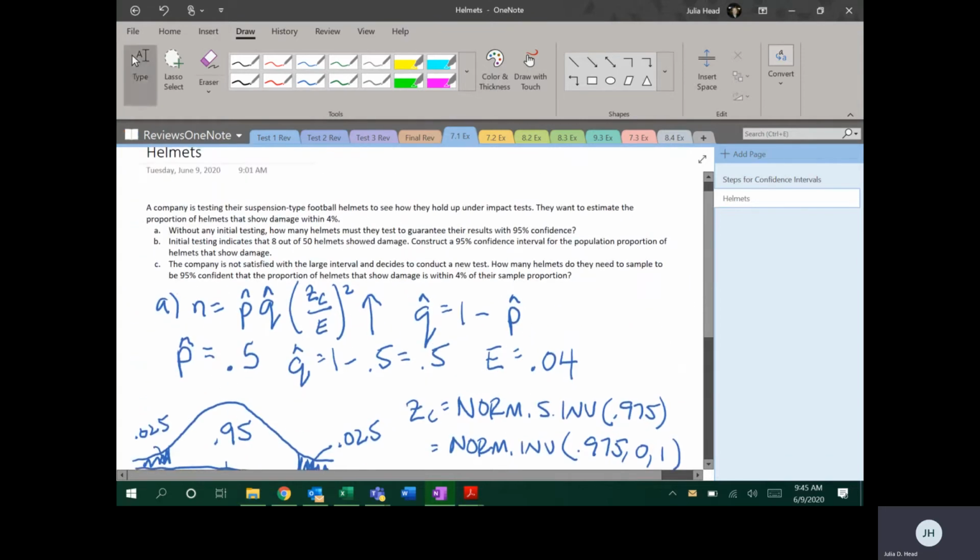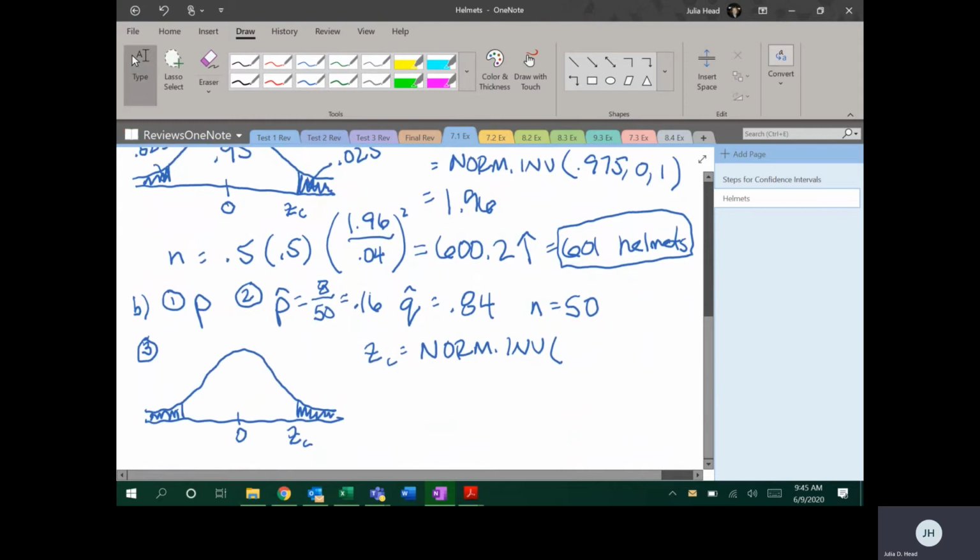Notice this is still, in part B, still a 95% confidence interval. So my picture is completely identical to the one we drew in part A. And my critical value will be completely identical too, although that's not always the case. It is for proportions. Oops.